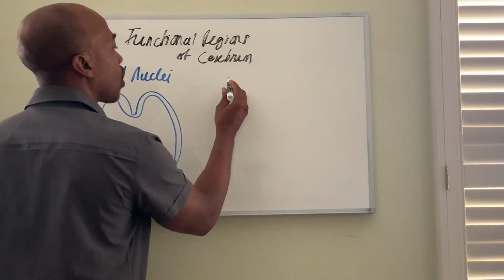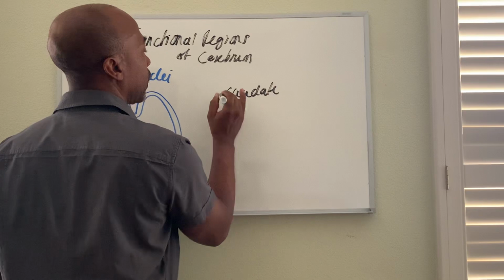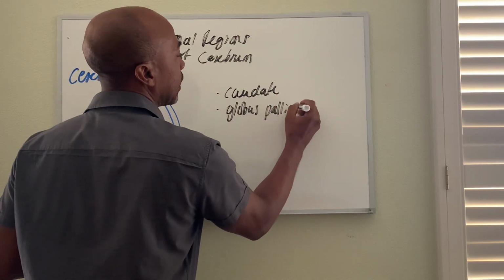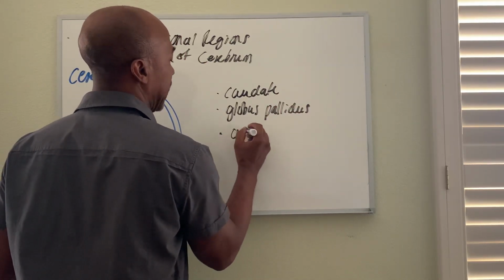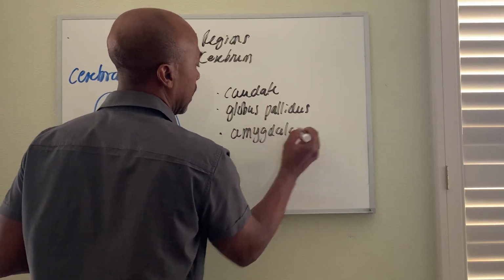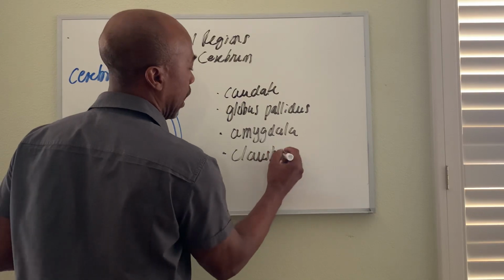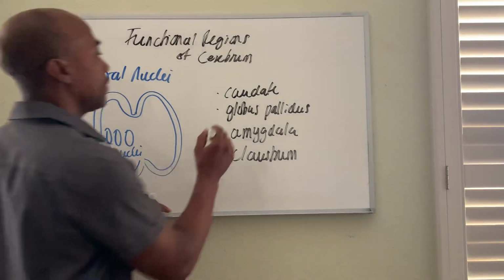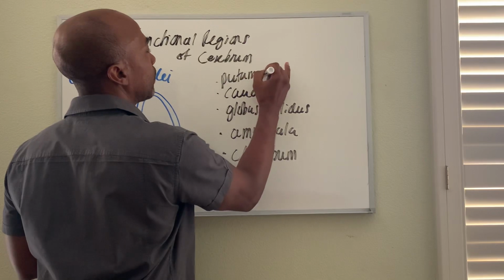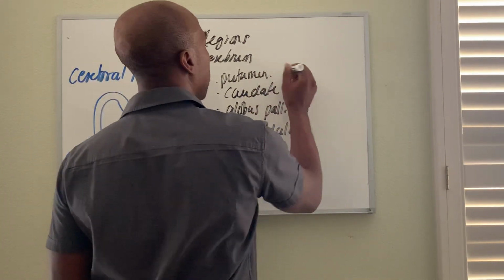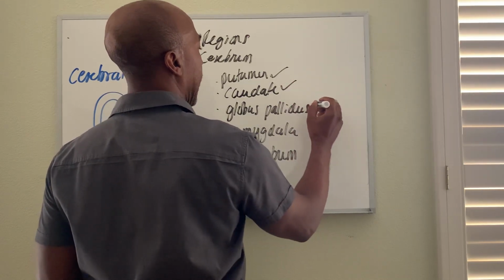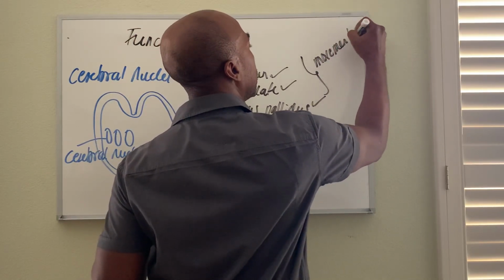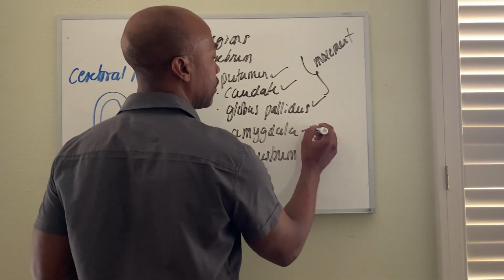So we have things like your caudate nucleus, your globus pallidus, your amygdala, your claustrum, and also the putamen. The putamen, caudate, and GP, these three are involved in movement more at a subconscious level, whereas the amygdala is involved in emotions.